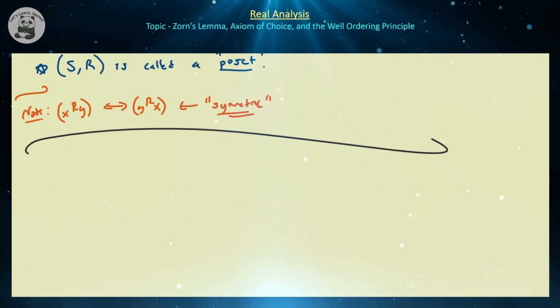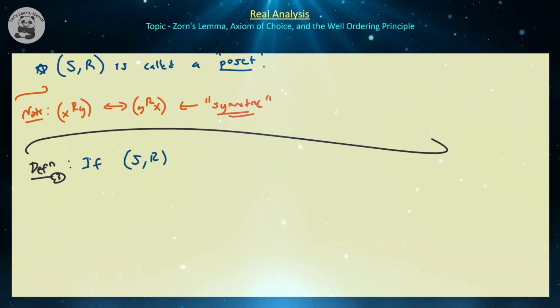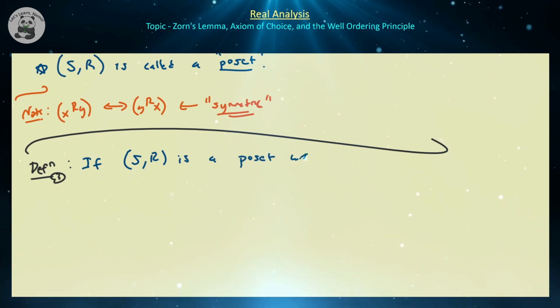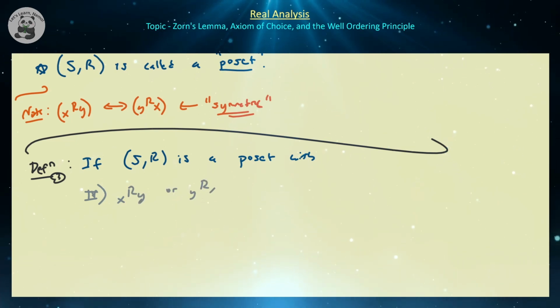So the next thing I want to define, definition 3, is a special type of partial ordering, and it just adds one little property. So if S, R is a partially ordered set with the additional property, let's call it property 4, so we have that x is related to y, or y is related to x, right?